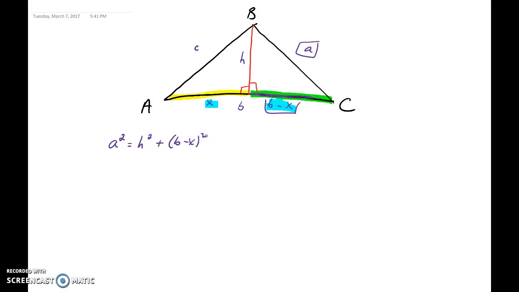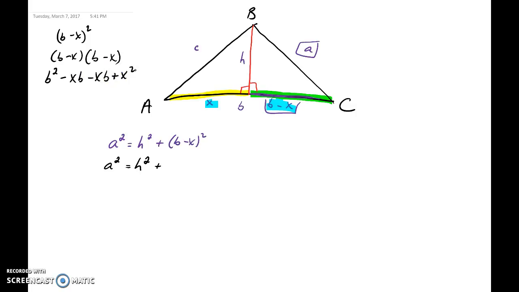I can then FOIL this out. A squared is equal to H squared plus B minus X squared, which is B minus X times B minus X, which is B squared minus XB minus XB plus X squared.